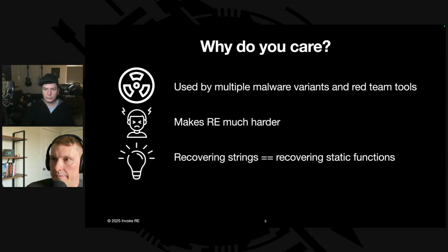So again, it's being used by a bunch of different real world malware variants and these red team projects to make RE a lot harder. And if we're able to recover these strings, then we can recover a large amount of built-in functions that are used by Golang, and we can make our reverse engineering process a lot simpler.